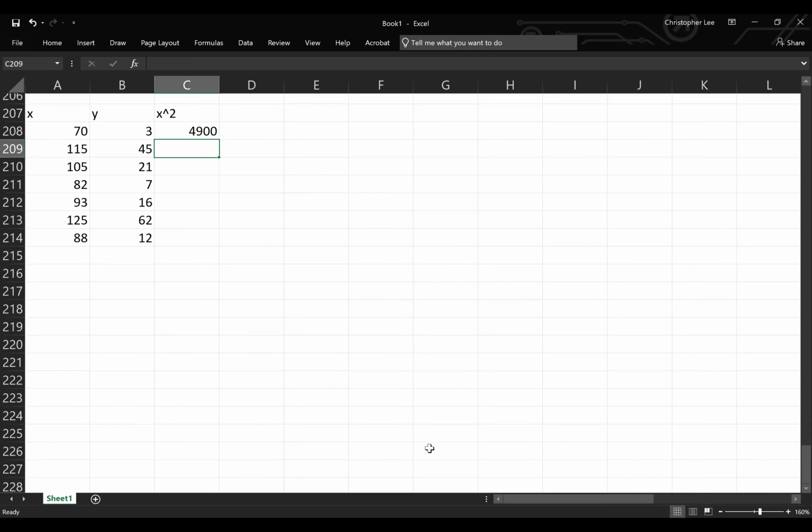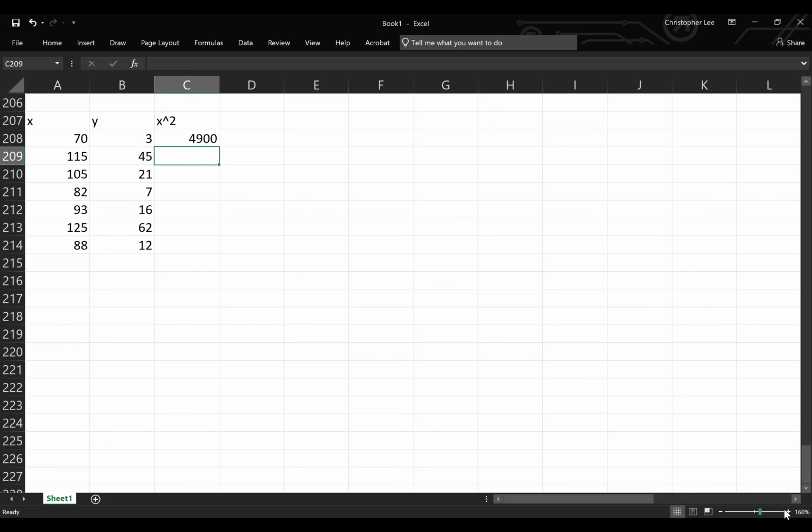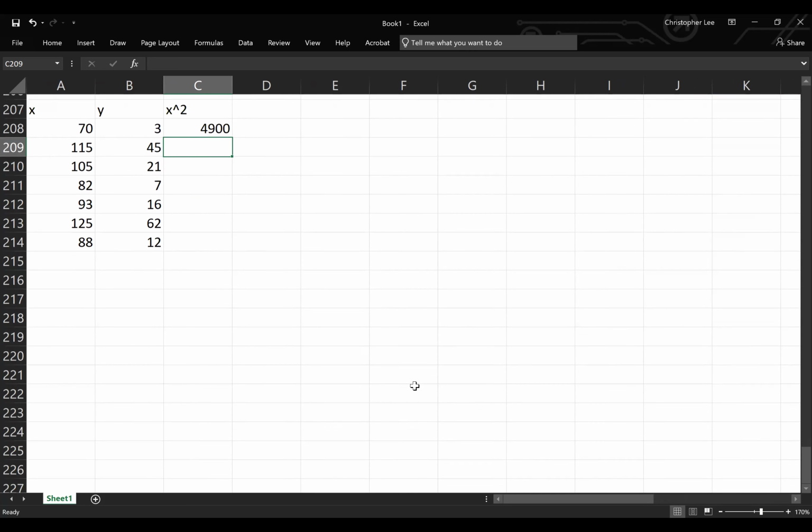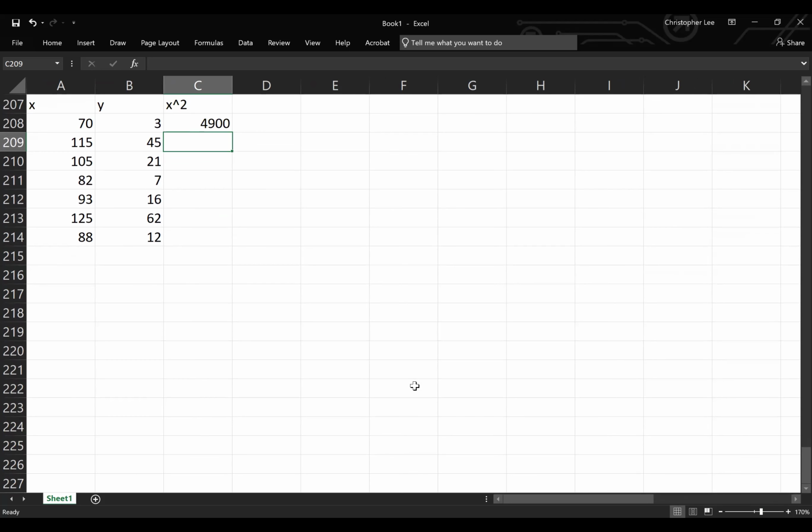Professor, I remember a little bit of how to do this on the calculator. Yeah, we'll get to that. But let's talk about how to do it by hand first, real quick. This is why I like to do it on Excel, because I could just pull this straight down.